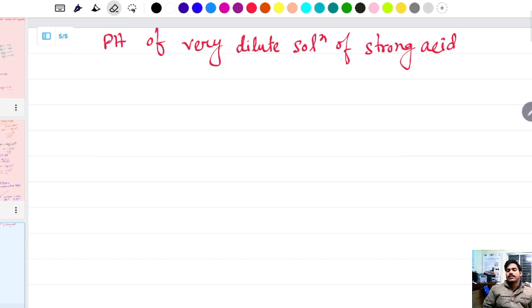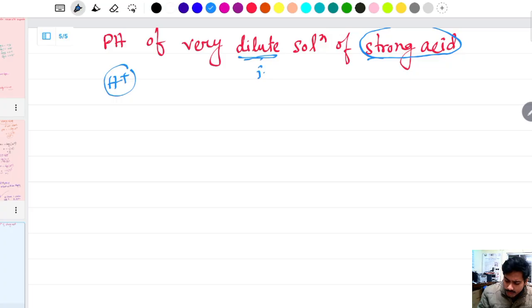Okay, let's talk about a problem like the pH of a very dilute solution of a strong acid. What will be the pH? The H plus ions come from two things. One is the acid, and it is very dilute, meaning in water, H2O.